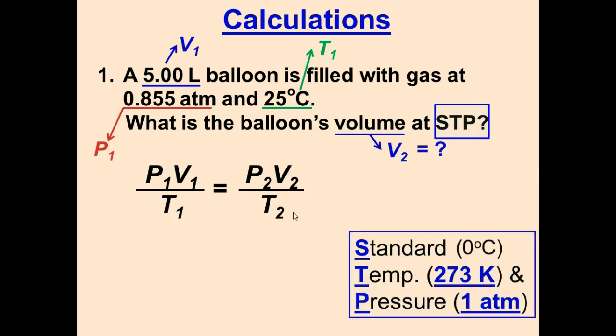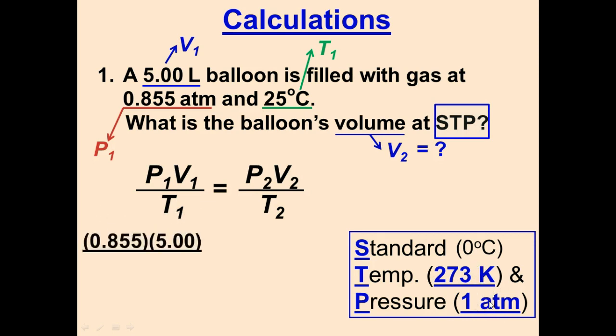And you have to memorize this, by the way. So just remember, it's 0 degrees Celsius or 273 degrees Kelvin and 1 atm. So it's at 1 atmosphere and 0 degrees Celsius or 273 degrees Kelvin, which you have to use. So that indirectly gives us our final temperature and final pressure right here.